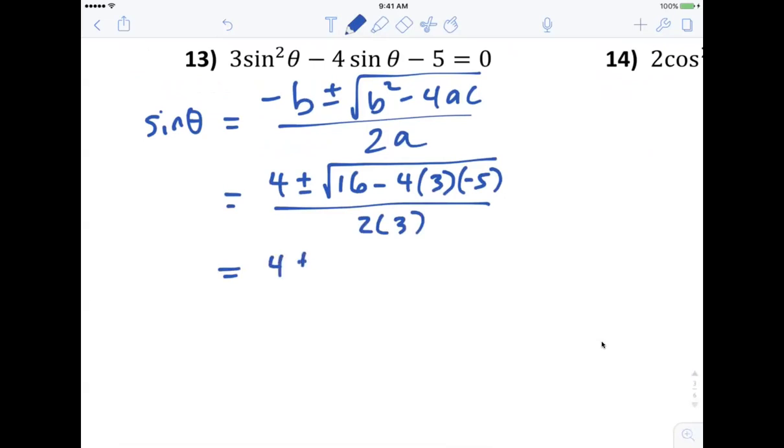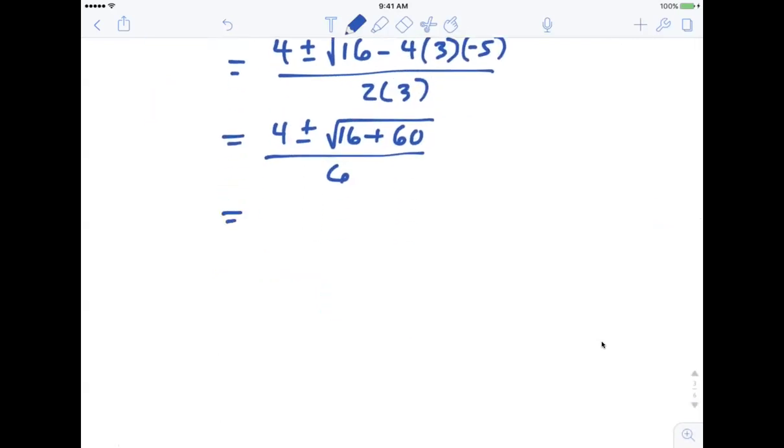Okay, so this is going to be 16 plus, because negative times negative is positive, 60, all over 6, which is this, right? Okay, and that actually represents two values, a plus and a minus. So we're going to get a value for each of those. This is where it gets a little crazy, right? And if it's not already crazy. Okay, so do a calculation for each of those.